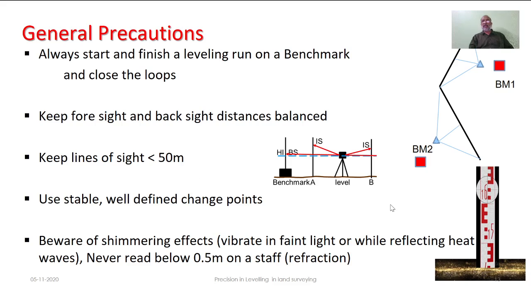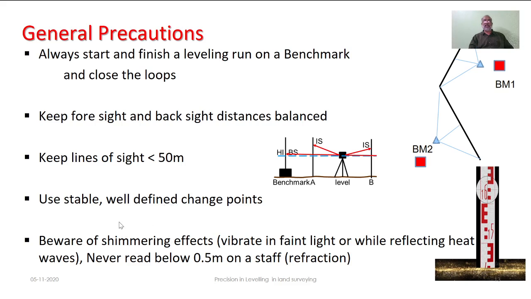It is necessary to have this particular change point stable as well as well defined in order to avoid the sinking of the staff as well as sinking of the tripod, hence having erroneous readings.